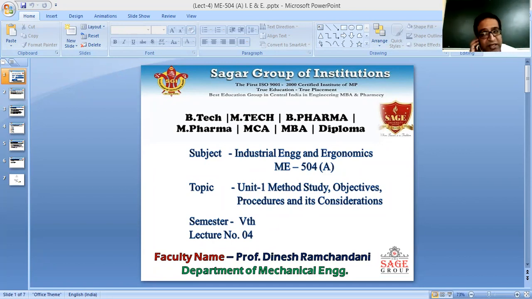Next is working conditions, that is, the usage of ergonomics. We discussed ergonomics, the relation between man and machine, in the previous lecture, and we also saw how the incompatibility between man and machine can be removed using the concept of ergonomics. The third one is handling distances, that is, the material movement that we have to see.